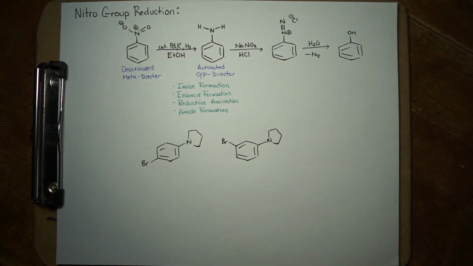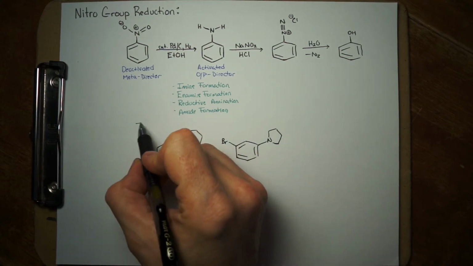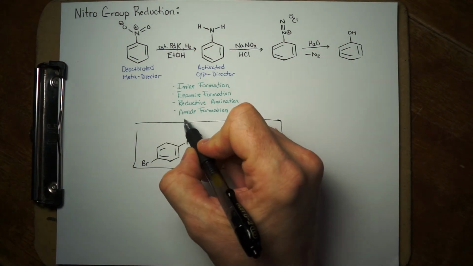And I want to think about how we're going to make these. What are the steps that we have to go through to make these two regioisomers?